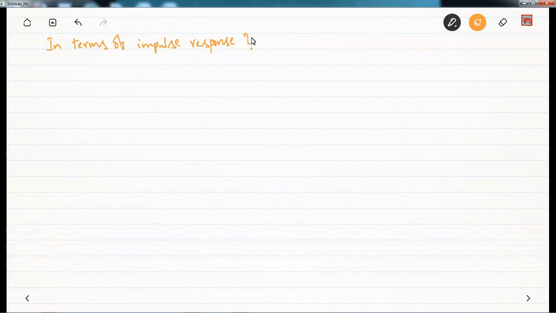So let's see that. Now let's write the equation. y of t is the integral from minus infinity to plus infinity of x of tau h of t minus tau d tau, right?